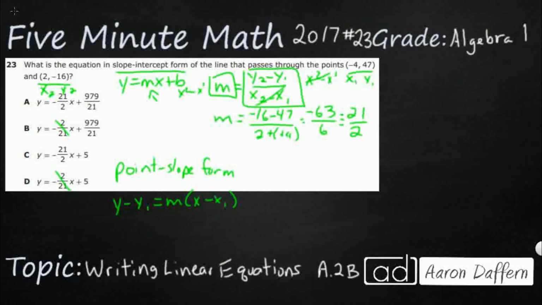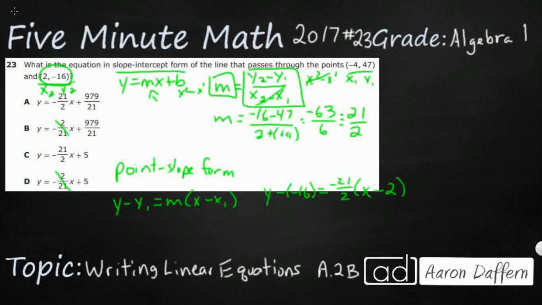But I'm going to use an x and y. It doesn't matter which one, I'm going to use those right there. So y minus, what's my y? Negative 16 equals, what's my slope? Remember, it's that negative 21 halves. x minus, and then my x was 2.